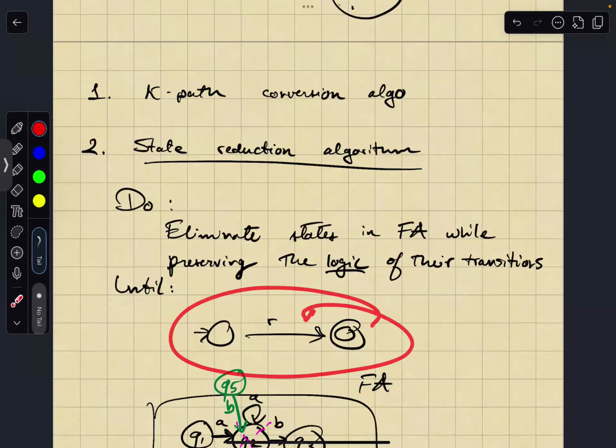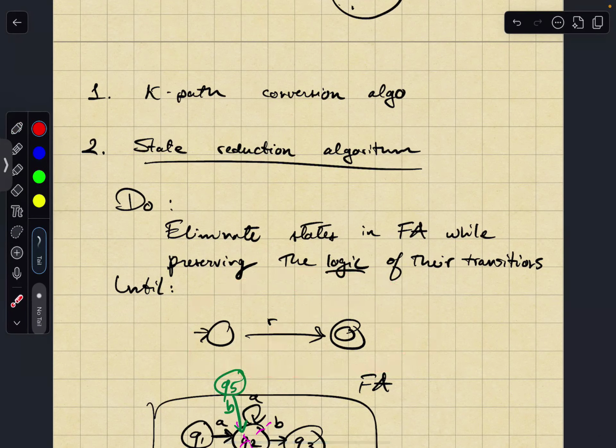Where this is an FA that has a regular expression as a label. And then I ask you, what's the equivalent regular expression to this? Well, then you're just going to say it's just R, right? Because that's the only way that you can get from the start state to the accept state. So that's why you need a single start state and a single accept state. They have to be different so that you get something like this at the end.